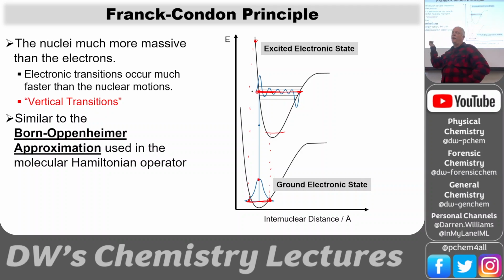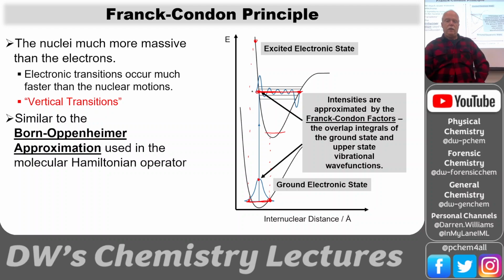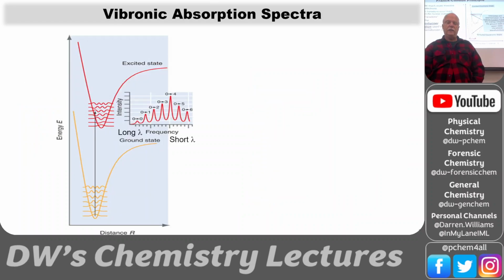That's the Born-Oppenheimer approximation that we were using. This is in spectroscopy. This is the Franck-Condon principle that just says transitions occur vertically in this energy level diagram. And so those intensities are related to the vibrational wave function overlaps, and that's what we'll see.